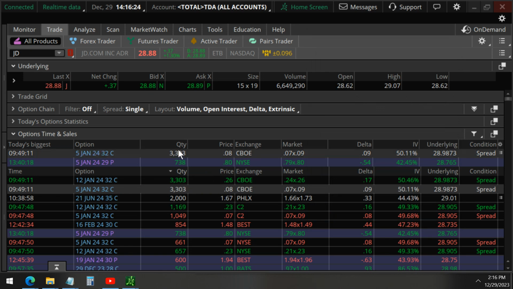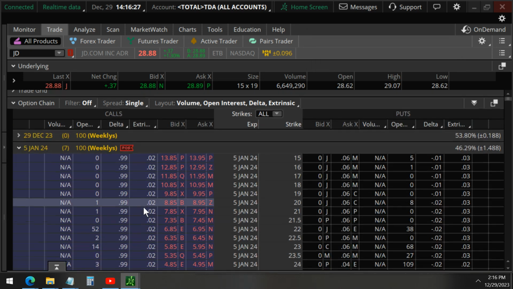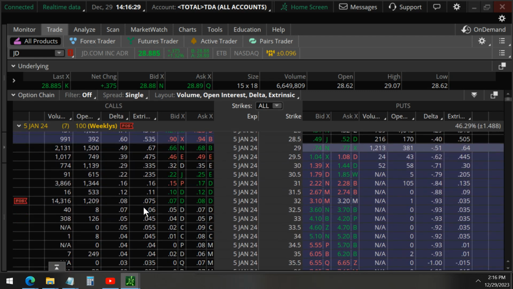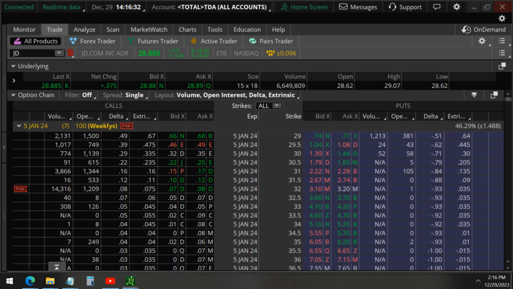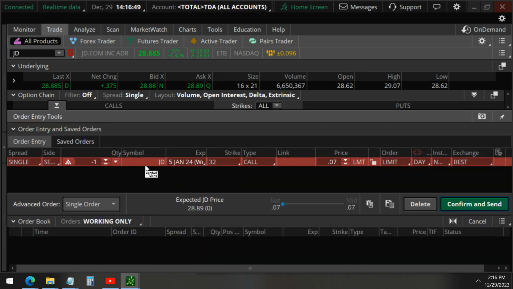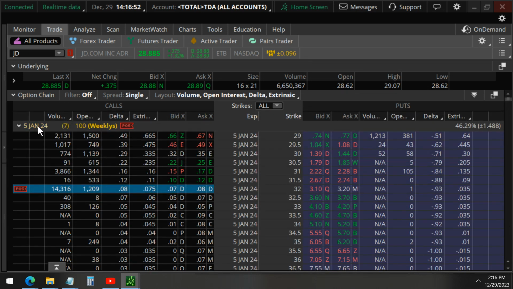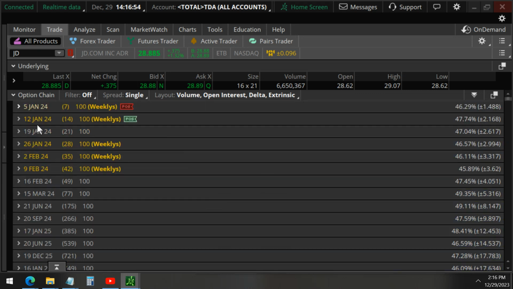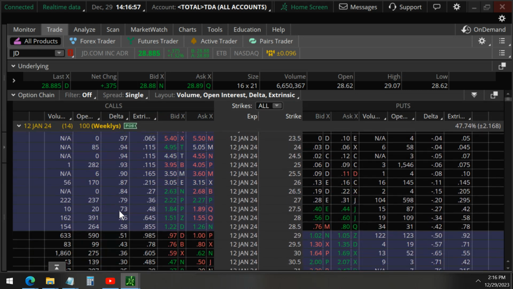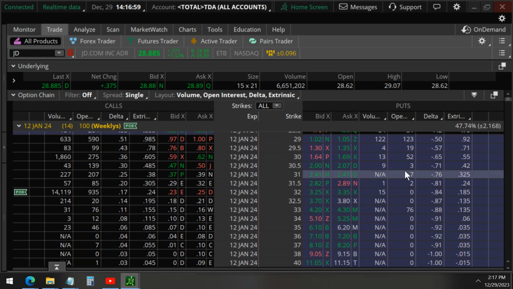Okay, so when we take a look at the chain, we have January 5th expires in 7 days. We can see here 32 strikes, 14,000 greater than the open interest, so we know these are opening trades. We are also in the position, and so they sold this strike for this expiration cycle, and for the January 12 expiration cycle they bought it.